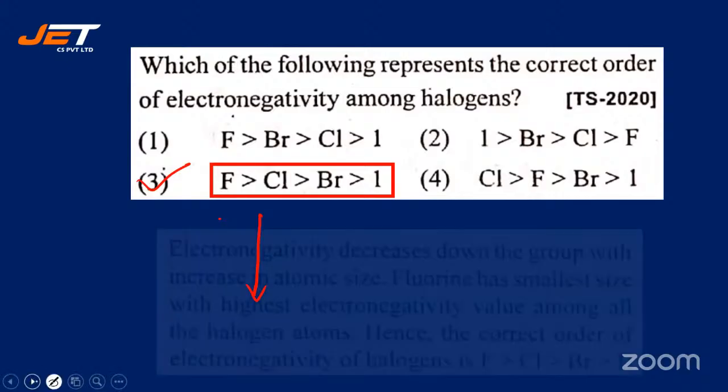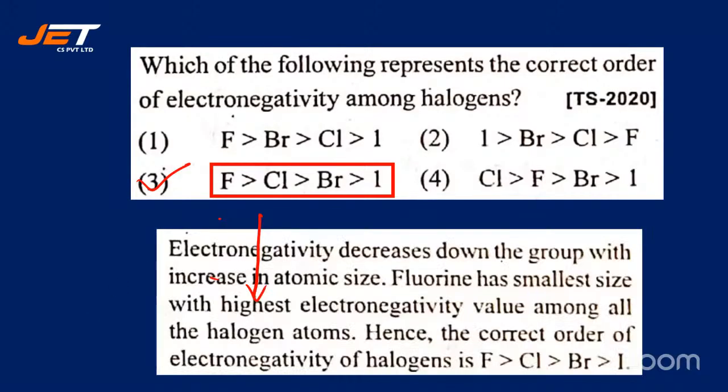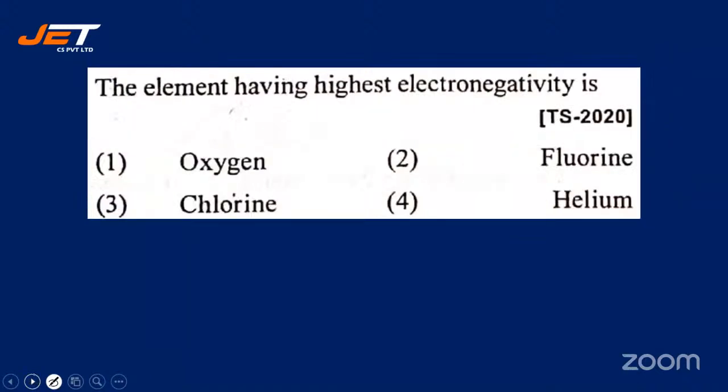So congratulations to the people who got it. That is the explanation here. Electronegativity decreases down the group when there is an increase in atomic size. Okay, so fluorine is smaller, with the highest electronegativity value among all the halogen atoms. Hence the correct order is fluorine is having more electronegativity when compared to chlorine, then bromine, then iodine. Okay, that is the question.